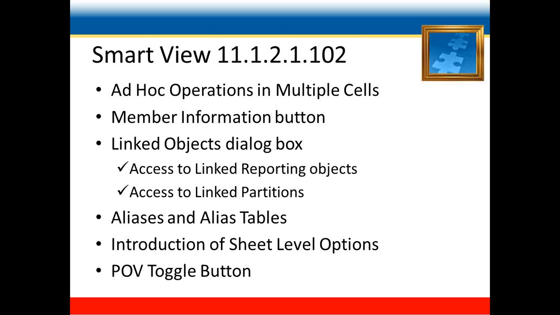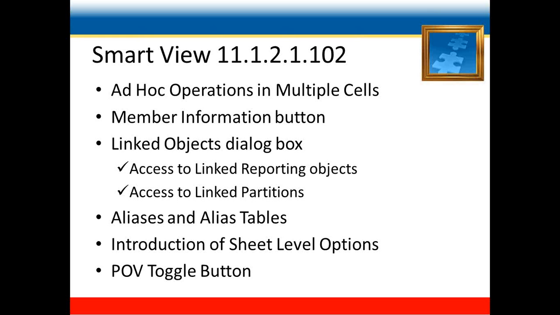Then there was a new button added in the SmartView ribbon, which was the member information button. Using this button, you can see some basic member information, such as the member's dimension, its parent, its level, its aliases, etc. Then from this version, you could have access to the linked objects.